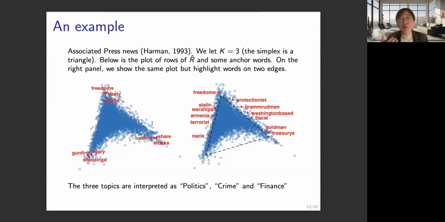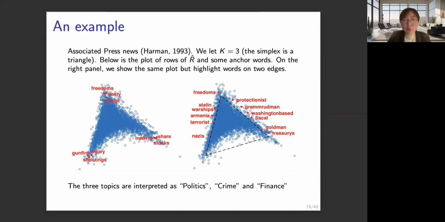My theory tells me that I should see a triangle structure, and I indeed see a very nice triangle structure. What does it mean? It means that my theory fits this real data, so the topic model is a very good fit to these real data sets. Then I can see the same result as I predicted in theory.